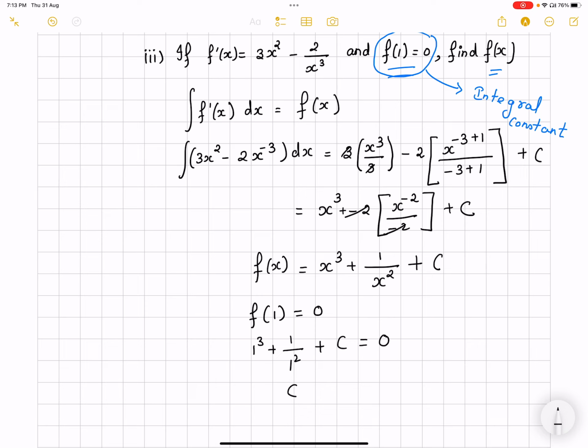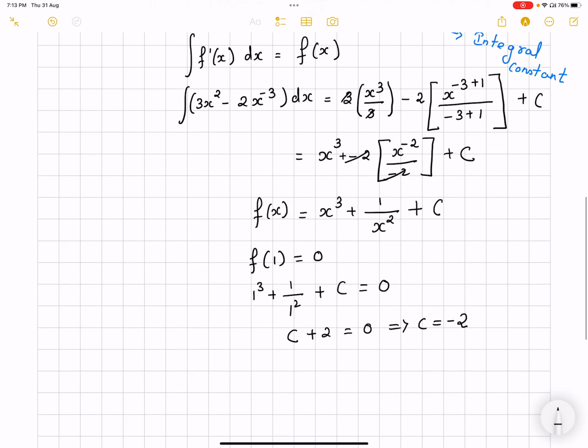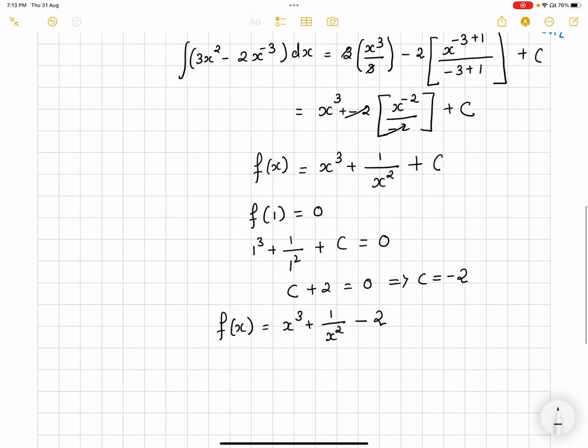That means c plus 2 is equal to 0, which implies that c is equal to minus 2. Now I found out my c value. Now what is your function? F of x is equal to x cube plus 1 by x squared minus 2. So this is going to be my function f of x. We have found it.